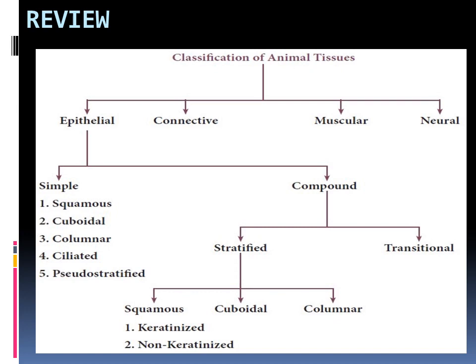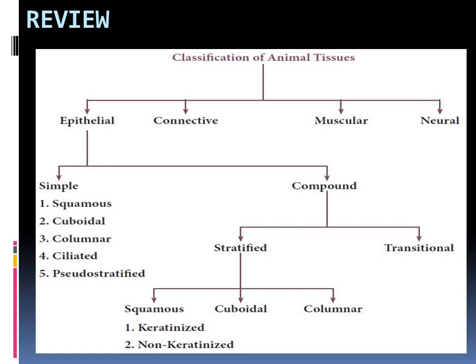So we can see this classification of compound epithelial tissue. This compound epithelial tissue is further classified as 2 types, that is stratified as well as transitional. Then this stratified is again classified as squamous, cuboidal as well as columnar, right?